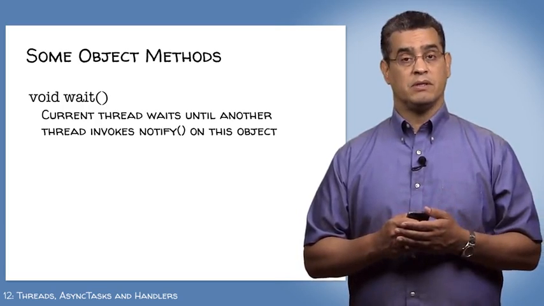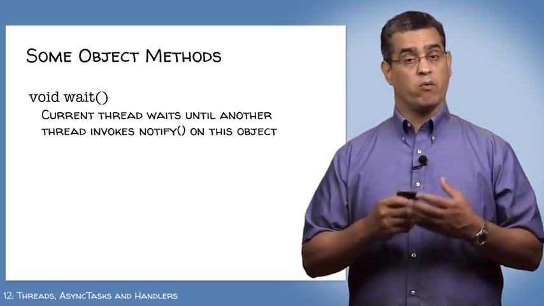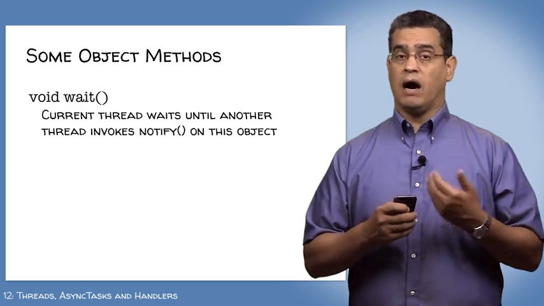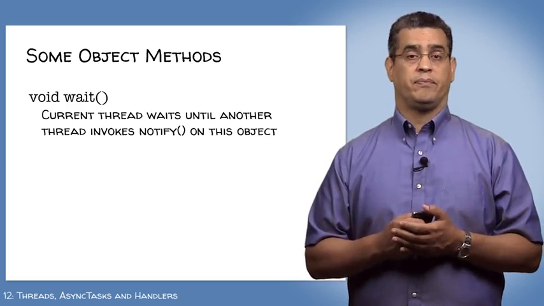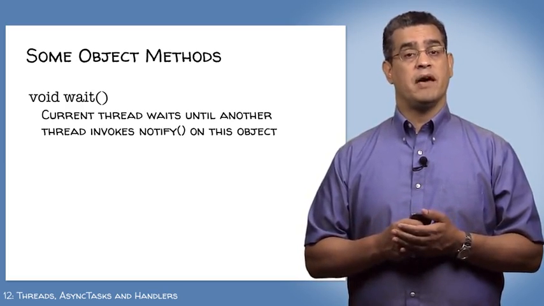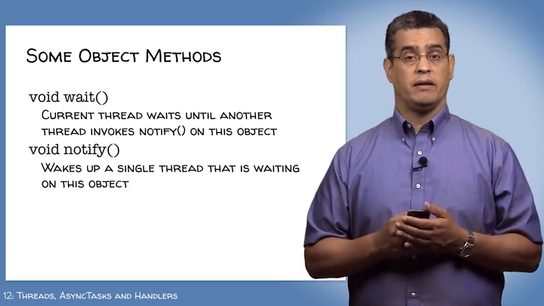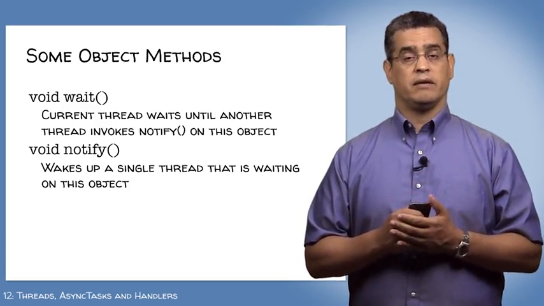And when this happens, the waiting thread can reacquire the lock that it gave up when it called wait and can continue executing. The notify method wakes up a single thread that is waiting on this object.